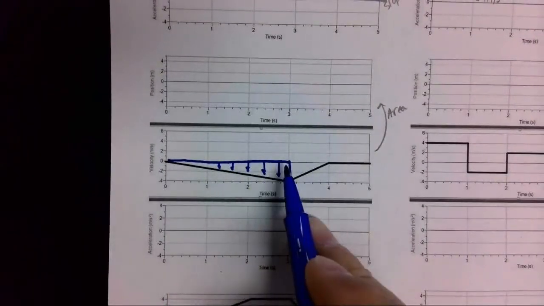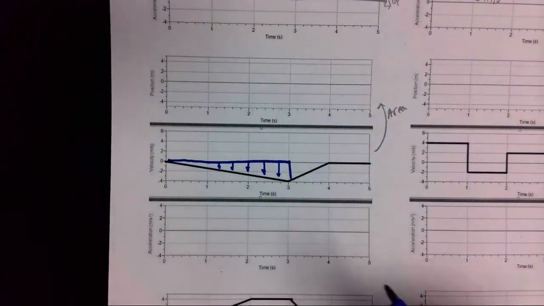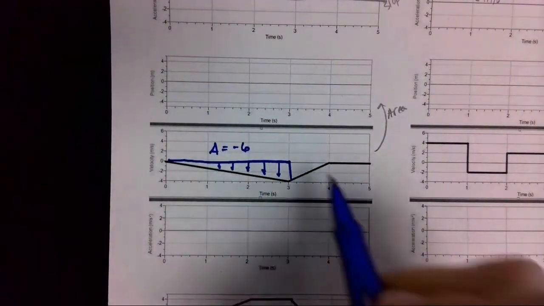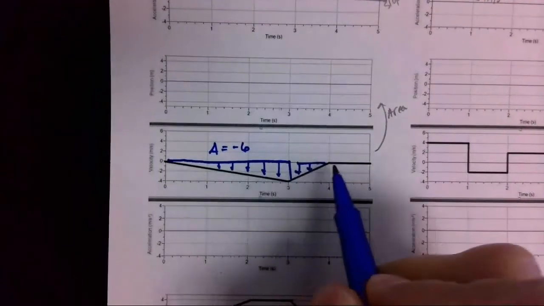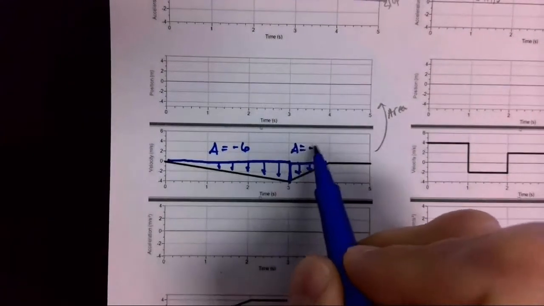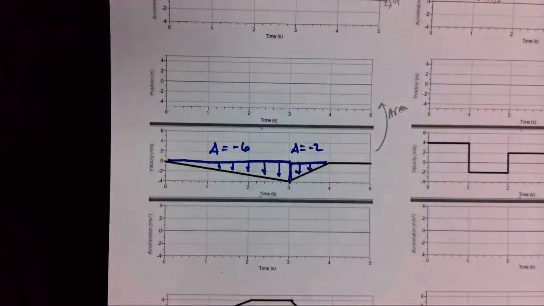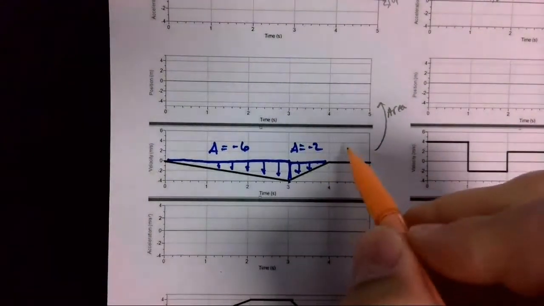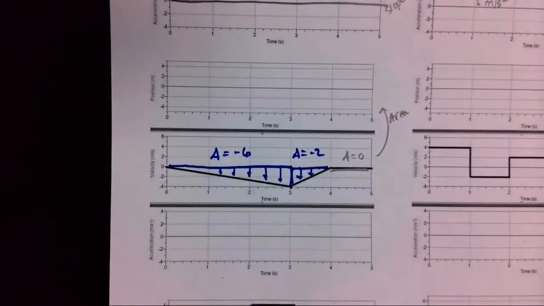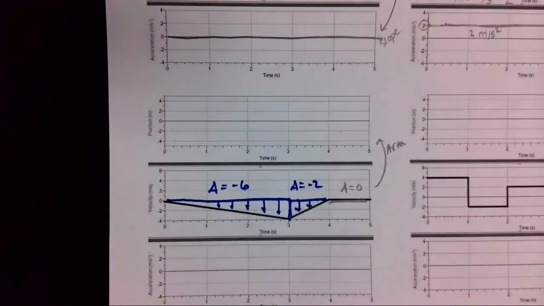So 3 times 4, that's 12. Half of that is equal to -6. So then this area here is 1 times 4, half of that. And then at the end, there is no area right here. This area equals 0. So remember, the area is how much it changes.